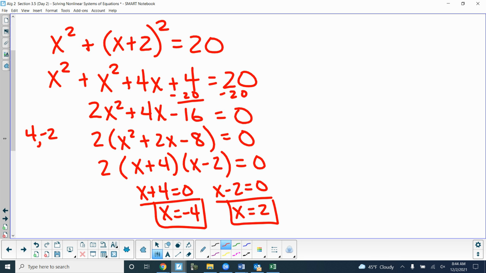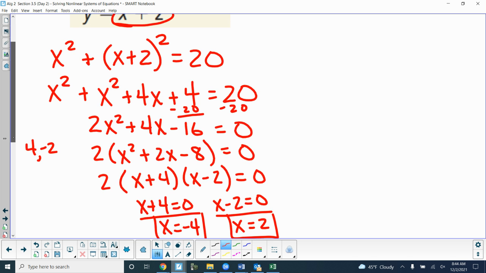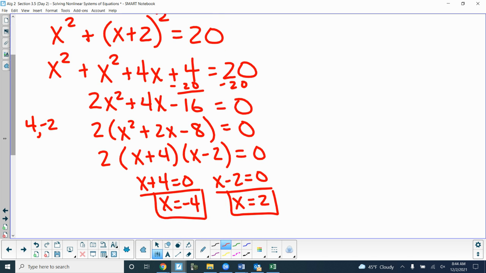Okay? So what's happening here, if I were to graph this, the line would go through the circle, and there's 2 points of intersection. All right? Am I finished, though, just knowing what the two x's are? No. I have to substitute in to find the two y's. All right? So if we look back up at the top here, y equals x plus 2.